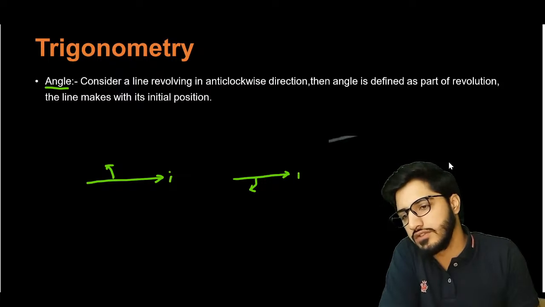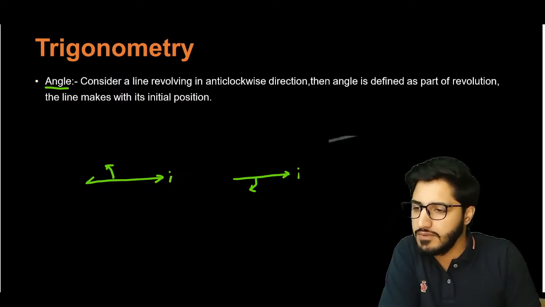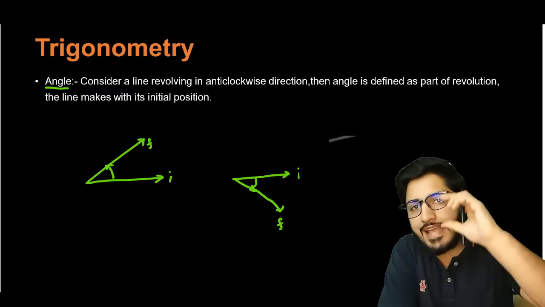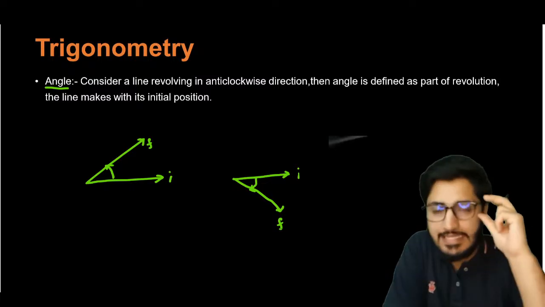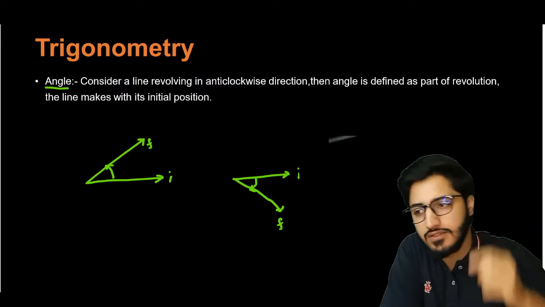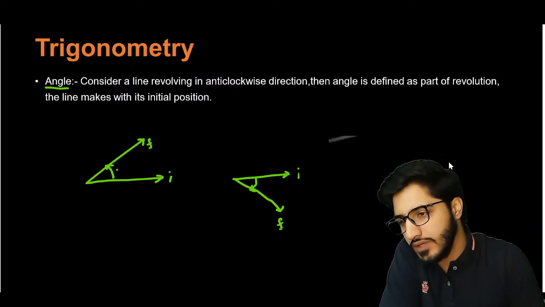This one is also initial, and after some time, this one becomes the final line. So whatever is the gap between these two lines, that is initial and final, this gap is known as angle.